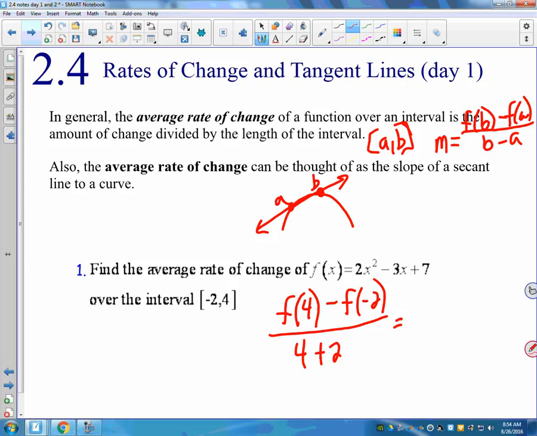I'm going to do this without a calculator. 4 times 4 squared is 16 times 2 is 32, minus 12, plus 7. Bunch of negatives here. Minus, I'm going to do parentheses.